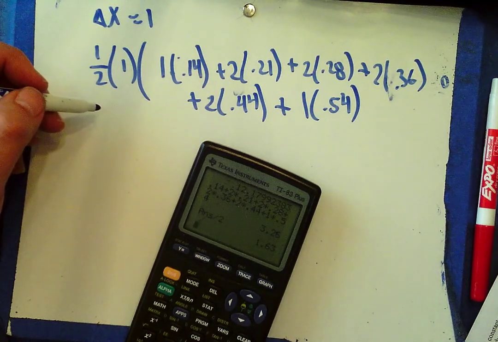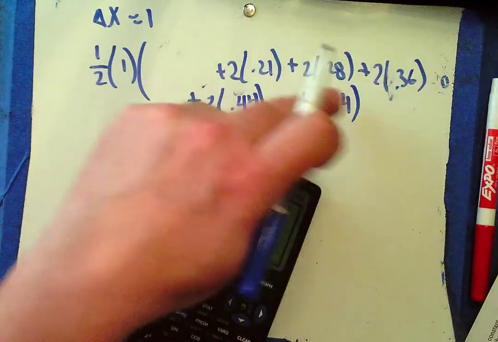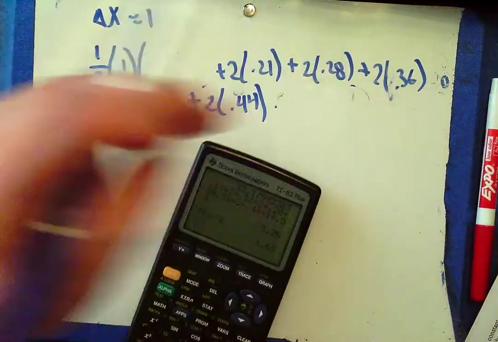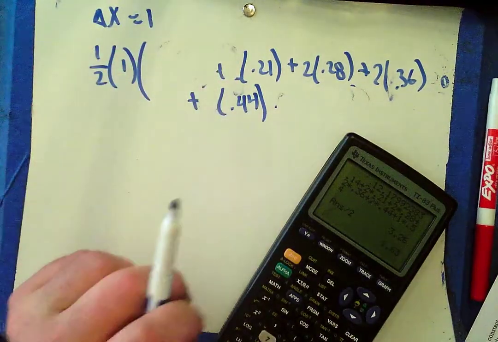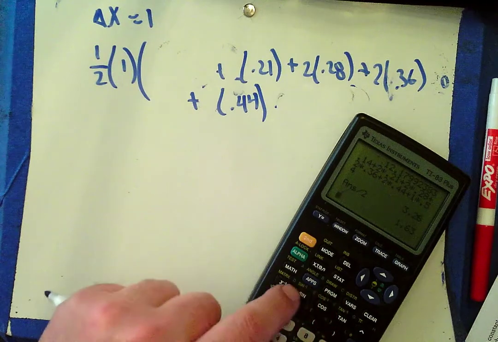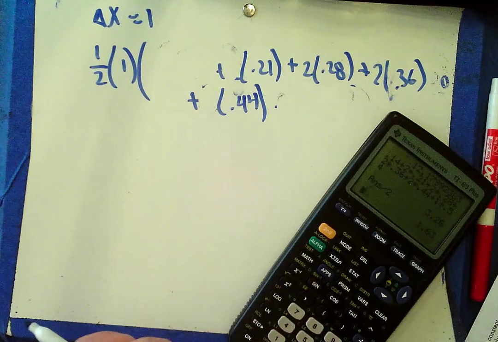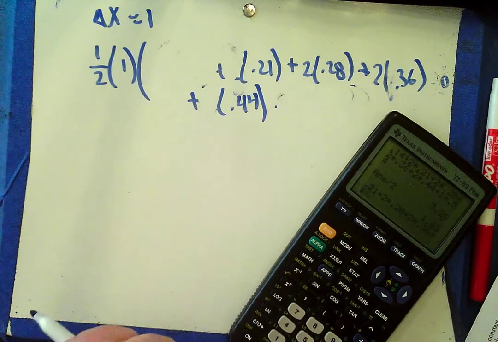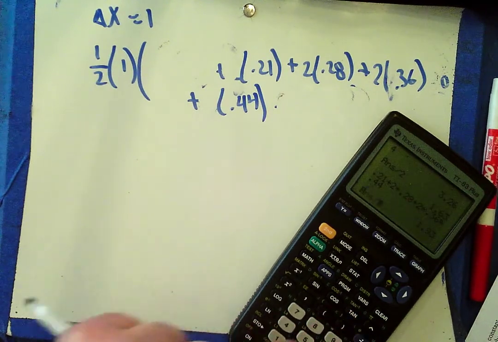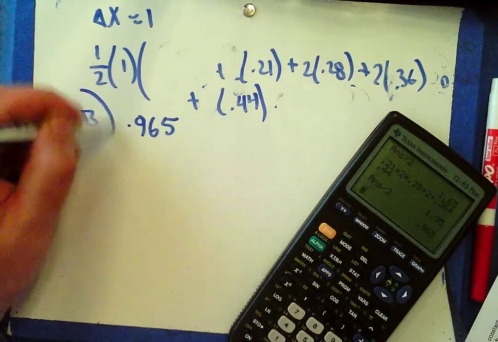Oh, because they only wanted from 2 to 5. I think that's it. Nope, I only need one of these and one of these now. All right, reading the problem helps. 0.21 plus 2 times 0.28 plus 2 times 0.36 plus 0.44. And don't forget to divide that by 2. And we get 0.965, and that's choice B.